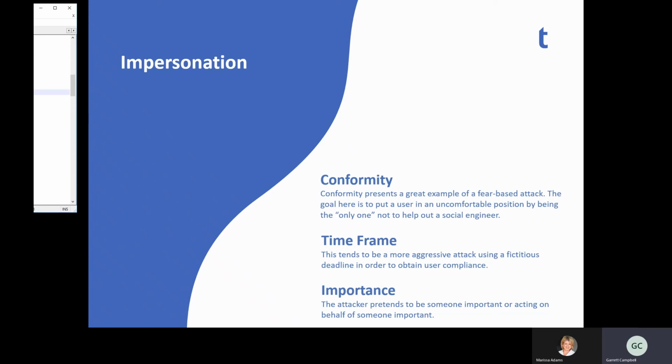But going to our third one, which is importance. The attacker pretends to be somebody important or acting on behalf of somebody important. This is probably one of our most used tactics whenever we have to perform email spoofing as part of our on-site social engineering engagement.